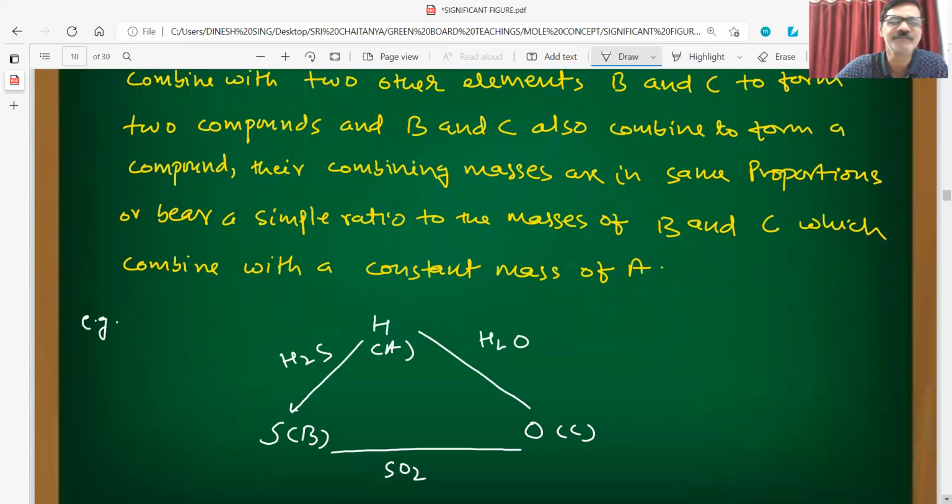For example, B and C combine with a constant mass of A. So suppose hydrogen is A, it combines with sulfur B to form H2S. Hydrogen also combines with oxygen to form H2O. Sulfur and oxygen also combine, that is B and C also combine, to form SO2.